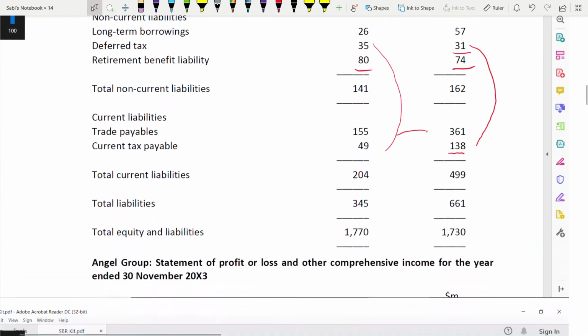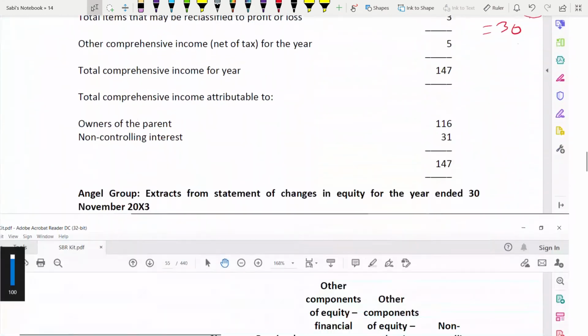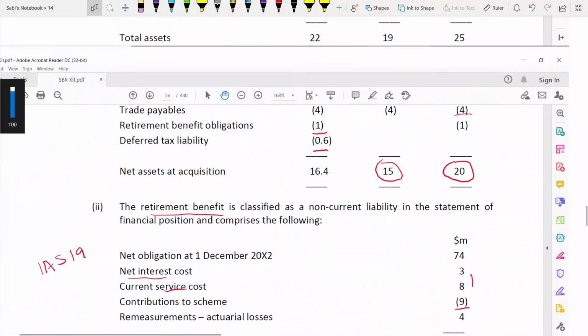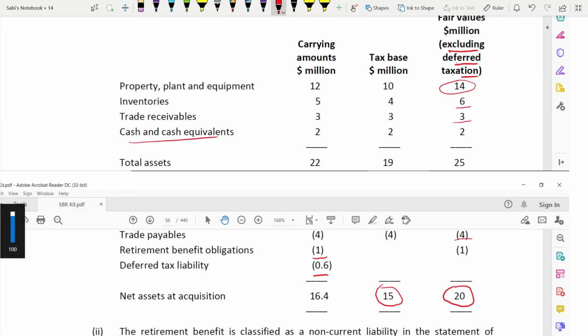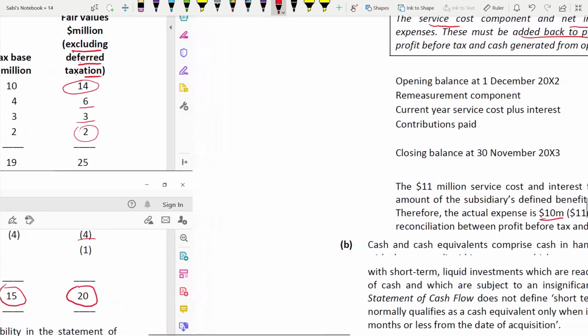That 2 is coming from here. This one, cash and cash equivalent of the subsidiary. Whenever you acquire a subsidiary, whatever the cash and cash equivalent of the subsidiary, you have to deduct it from your purchase consideration. That's why 30 minus 2, and it will be in the investing activity.